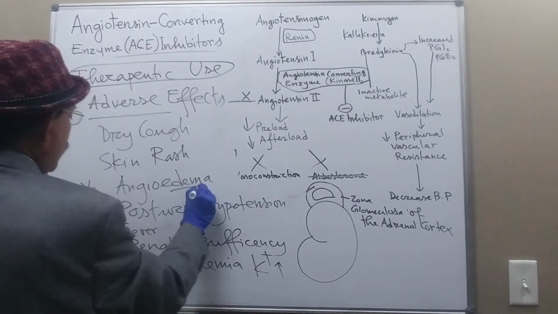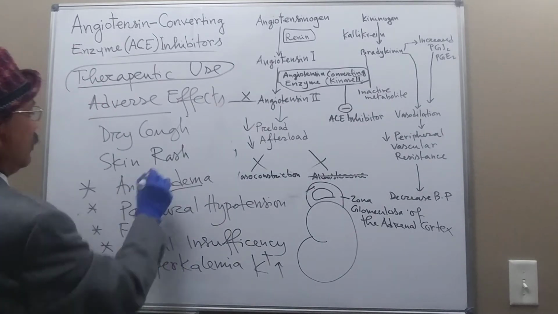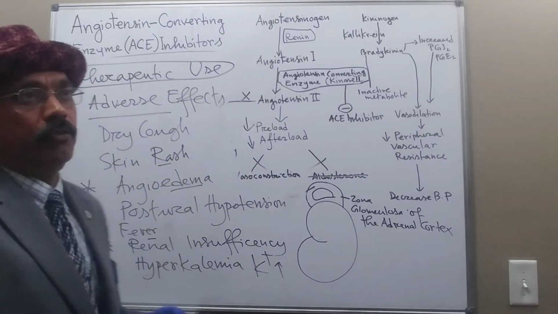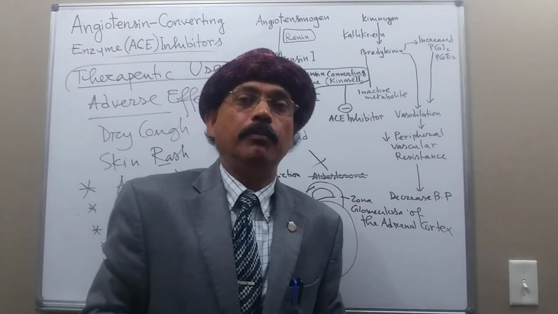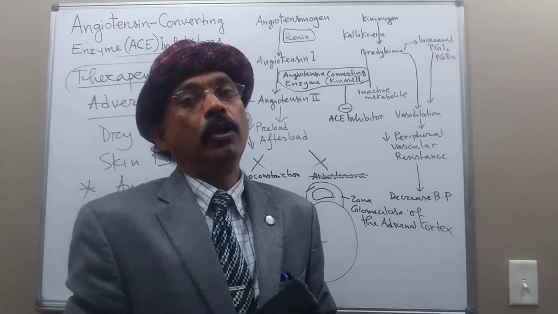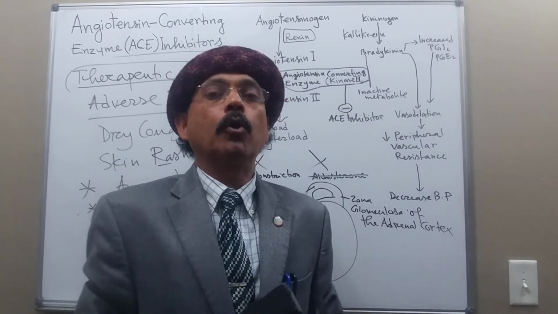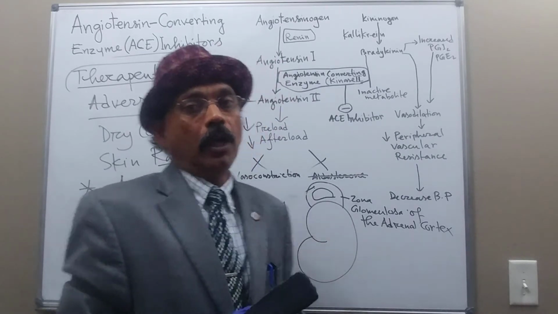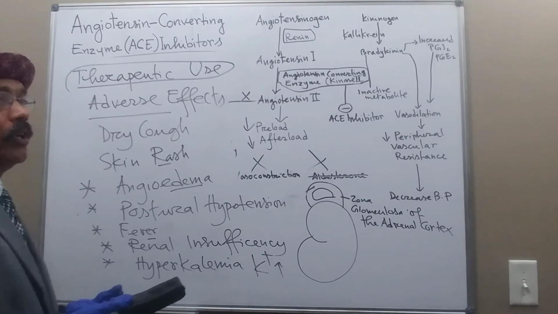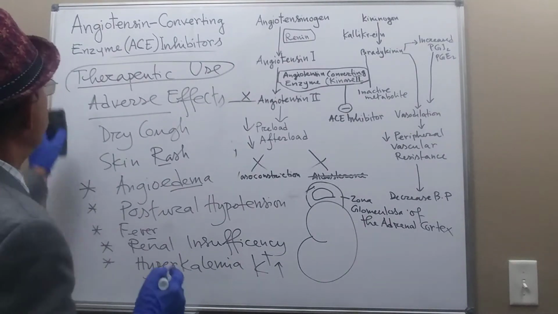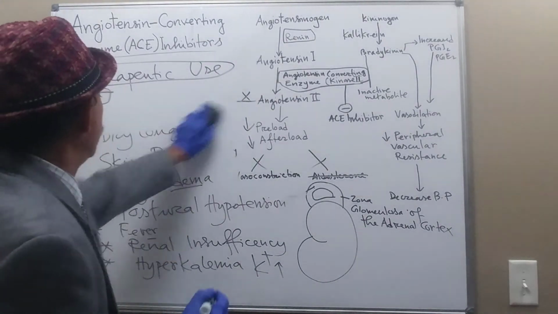Angioedema, fever and rash may be due to the action of the bradykinin. If this is the condition, the drug should be withdrawn, or we may use another medication called sodium cromolyn.